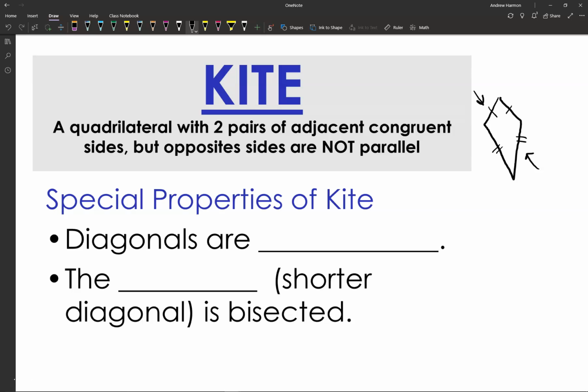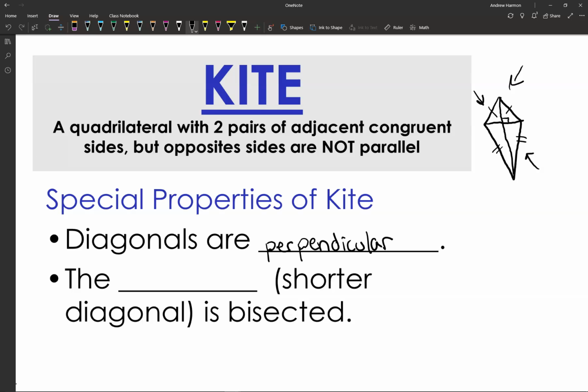Now, a kite does have some special properties. One of those properties is that the diagonals are perpendicular to each other. What this means is that if I draw a line from one pair of opposite angles, and a line from the other pair of opposite angles, those two diagonals make a right angle with each other.